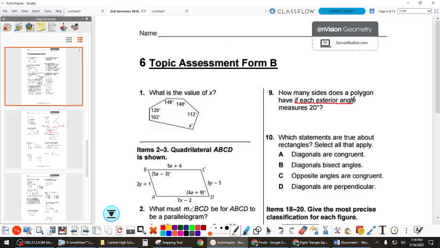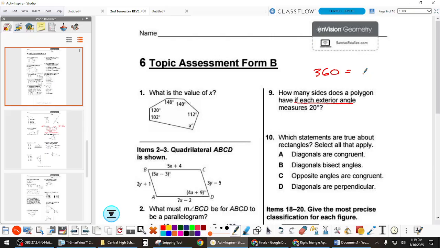Each exterior. So this goes back to polygons, which was orange. So what is true about exterior angles of a polygon? Yeah. So they add up to 360. And remember, we just wrote total equals 360, I believe.